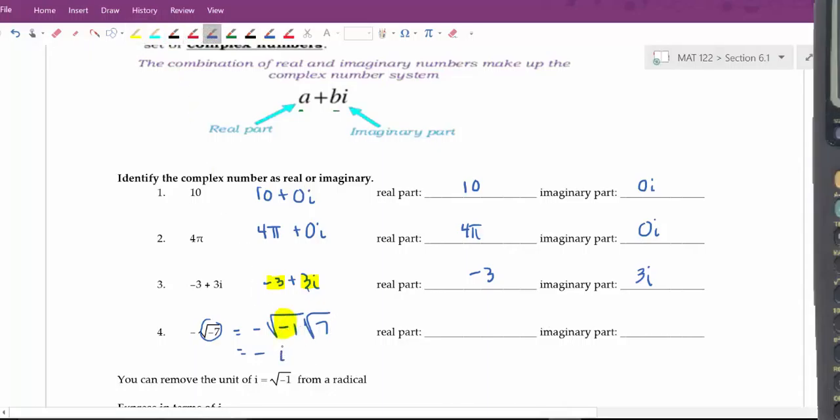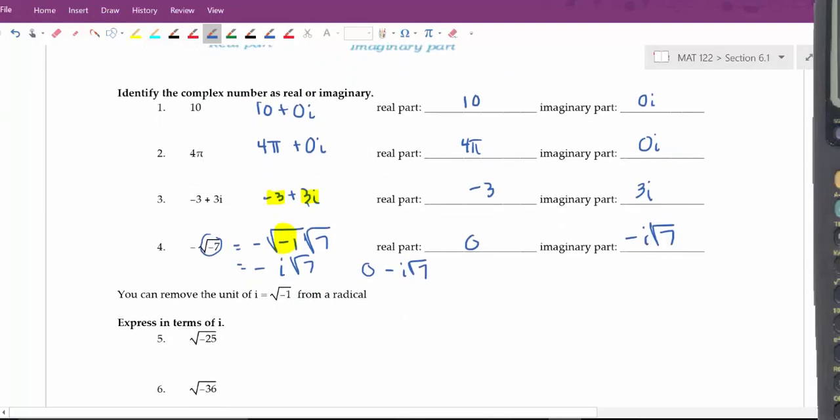So you would have negative i root 7. So that could be written as 0 minus i root 7. So the real part is 0, and the imaginary part would be negative i root 7. Okay, so that's what complex numbers are. That's the idea and the definition.